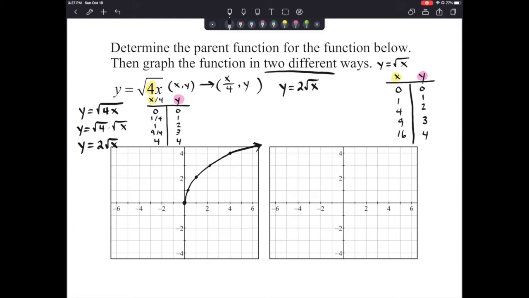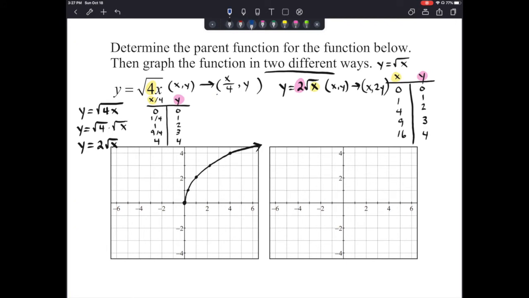If we're trying to create new rules here, we have x comma y would become what in this case? Well, it doesn't look like anything is actually happening to x here, so we could say this is just x. And it looks like we're going to multiply everything times 2, so our y would be 2y. So that's a different rule, right?